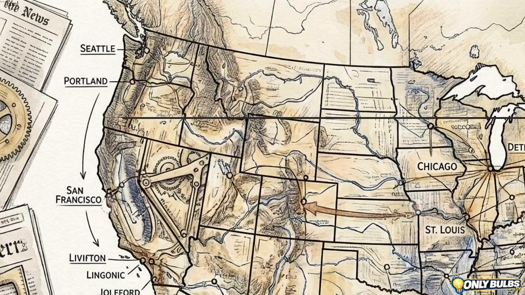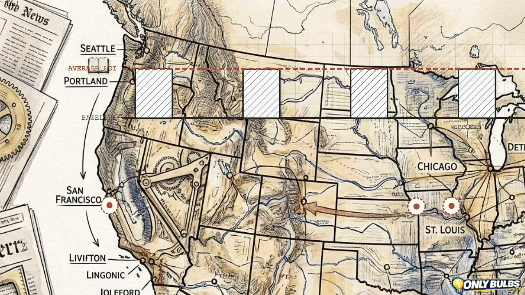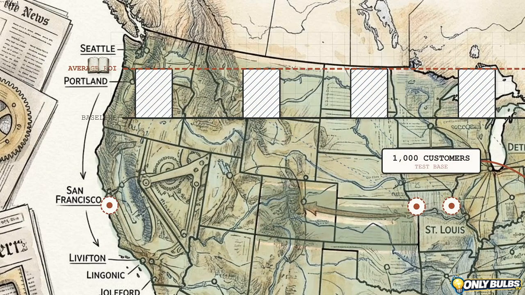Tracking coupon returns from specific towns builds a predictive data set. You learn exact customer acquisition costs before spending the full budget. This relies on scaling averages. The costs and habits of 1,000 test customers accurately forecast the national results of a million.